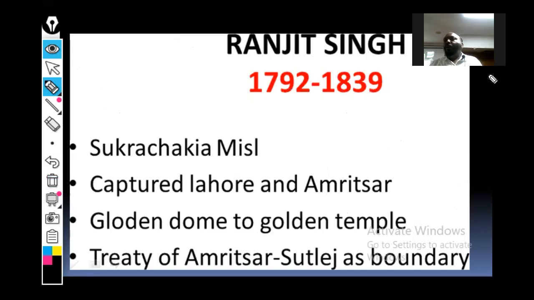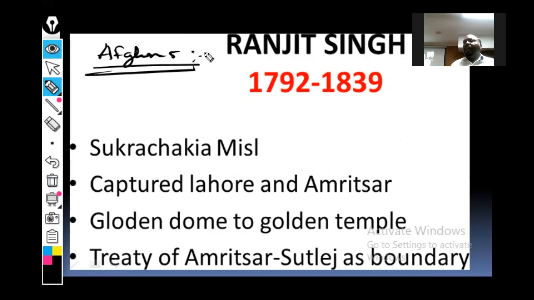Now, Ranjit Singh's relationship with Afghans. And this is very interesting, Afghans. So you can see that Punjab earlier, when Ahmad Shah Abdali Durrani came in 1758, Lahore was under the control of Taimur Shah Durrani.